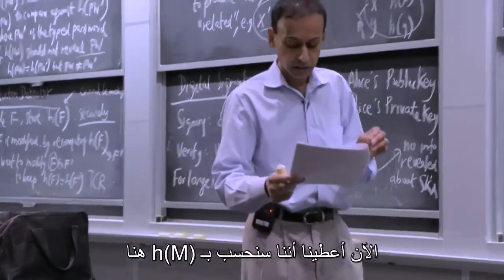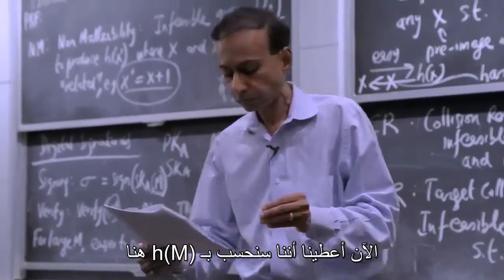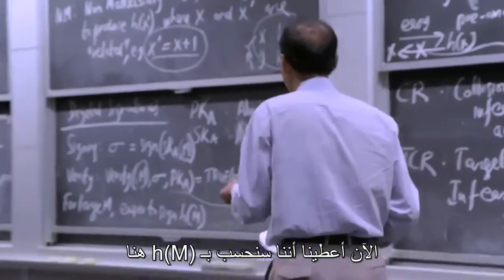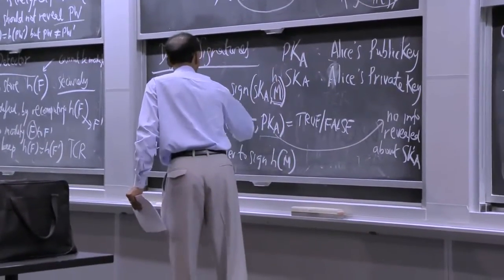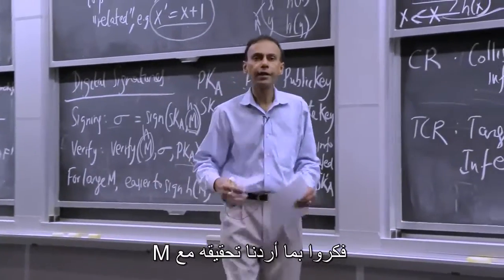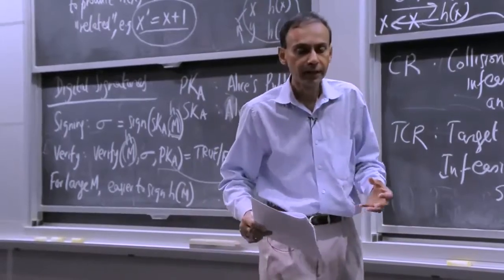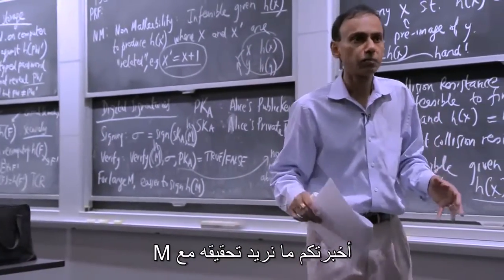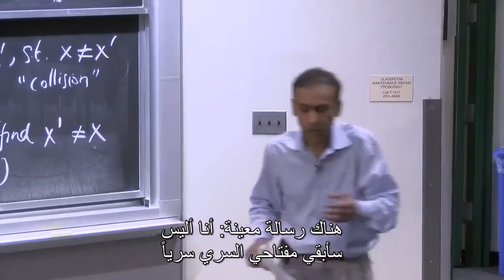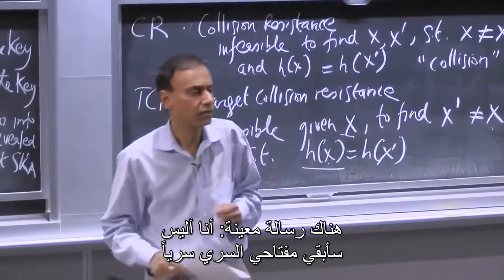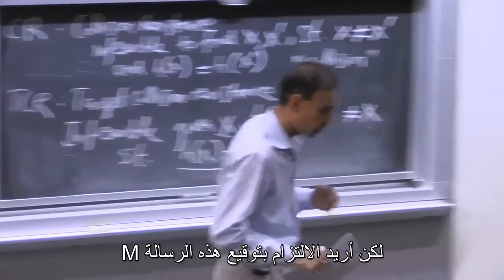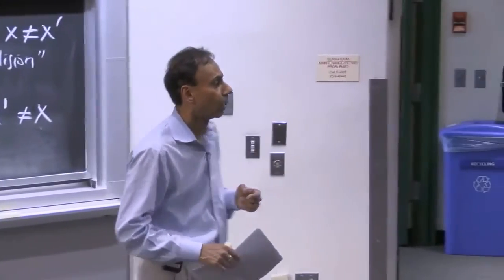So now that we're going to be doing H of M in here, think about what we wanted to accomplish with M, right? I told you what we wanted to accomplish with M. There's a particular message. I'm Alice. I'm going to keep my secret key secret, but I want to commit to signing this message M, all right?